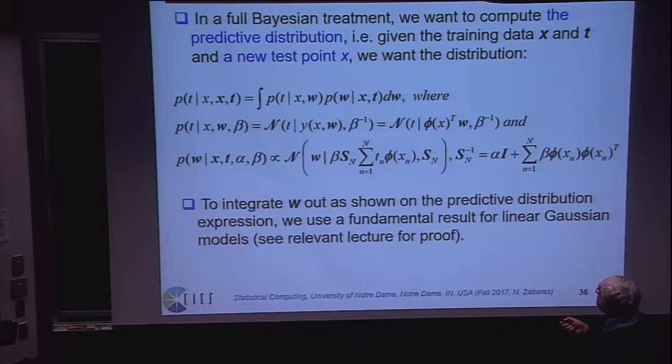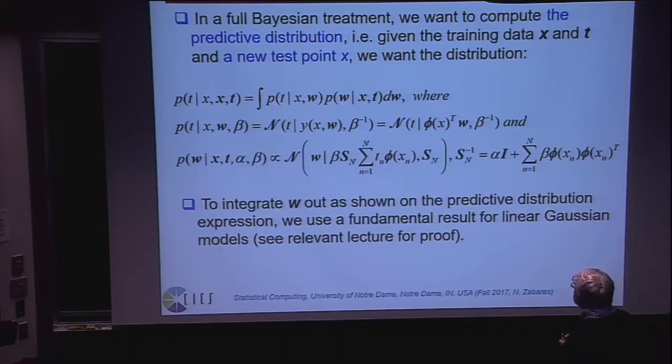Now, just to show you, if you go back and look at the notes on the calculations we're doing with Gaussians, you'll see why these are important. The posterior is a Gaussian, and the likelihood is also Gaussian.